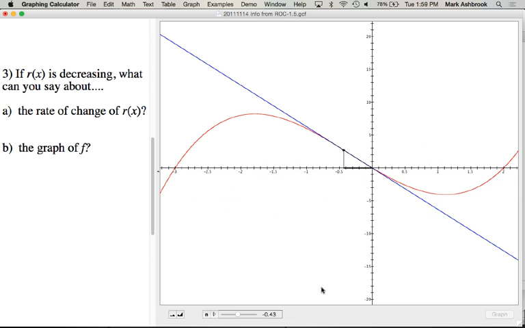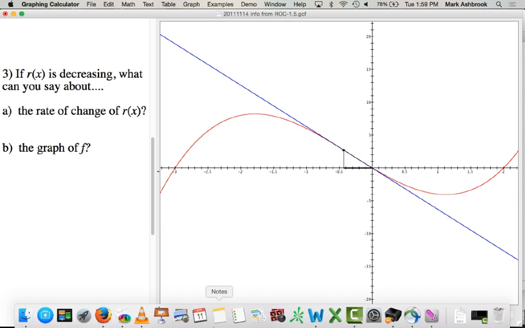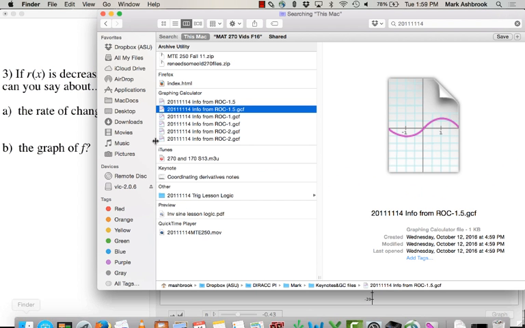So let's just do some summary and move on to critical points here.